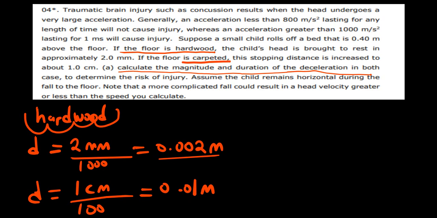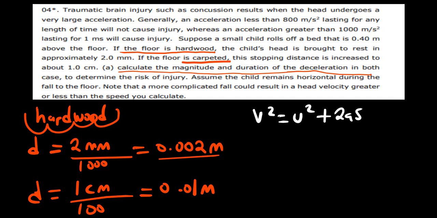Which formula can we use here? If we say v squared equals u squared plus 2as, is this going to help us?